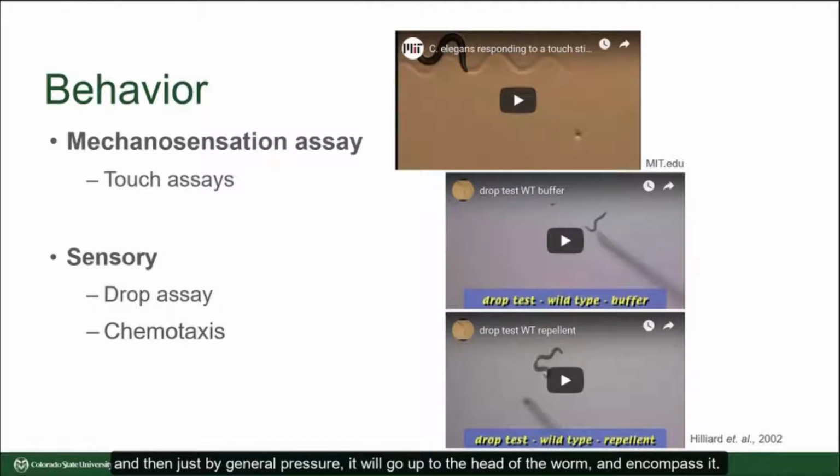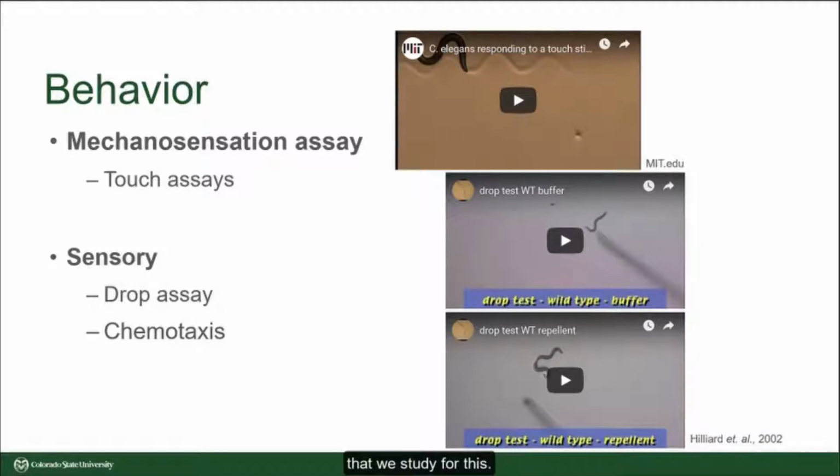If it's something the worm doesn't like, a repellent, then the worm will reverse. But if it's a buffer, like a salt solution that they like, it doesn't faze them and they keep wiggling forward. Again, we can use this to say maybe some type of sensory transmission onto this glutamatergic neuron that we study is impaired.